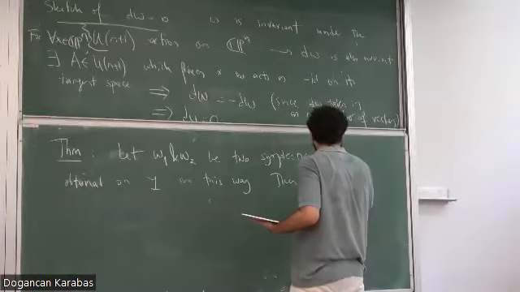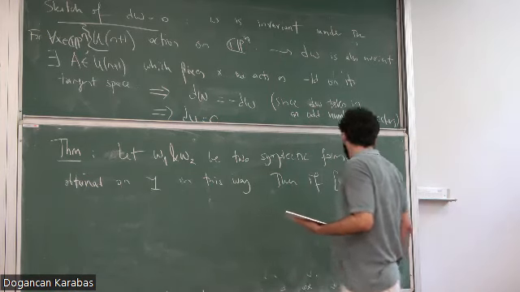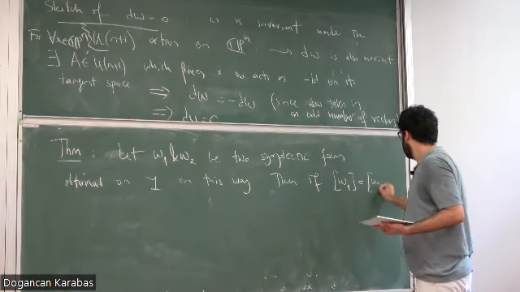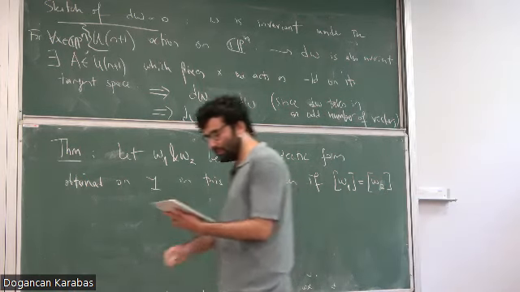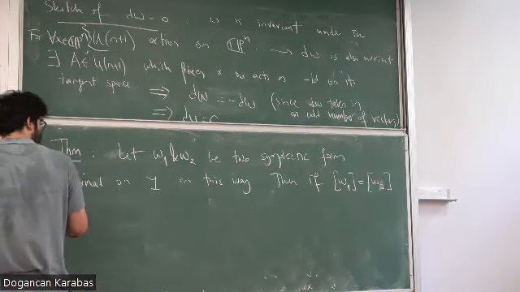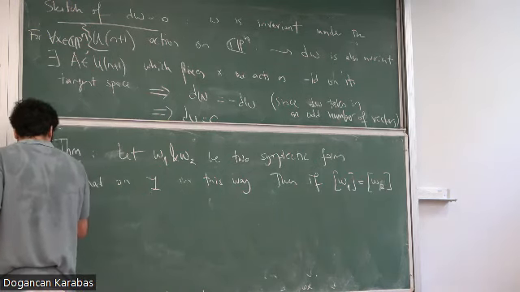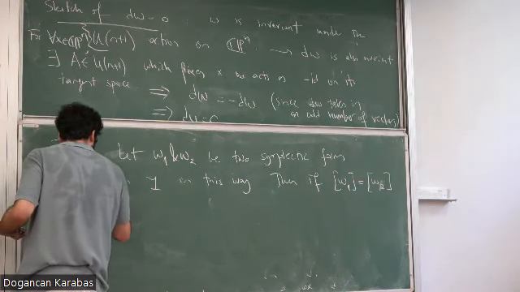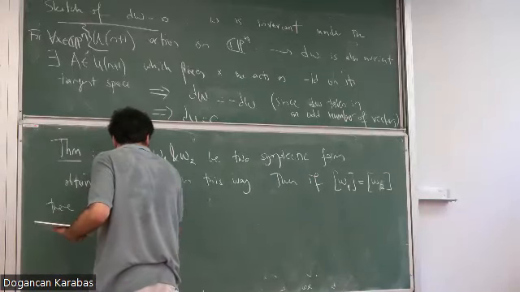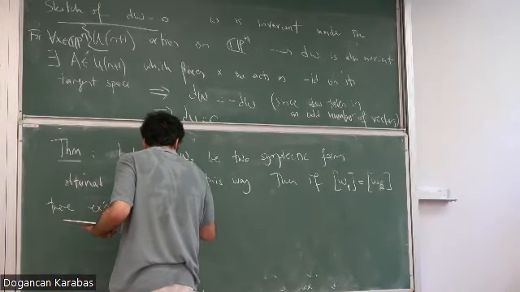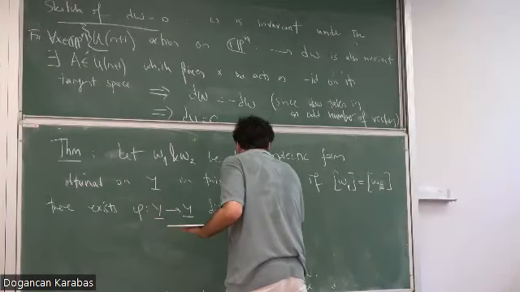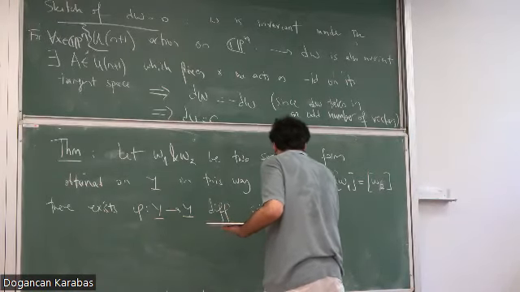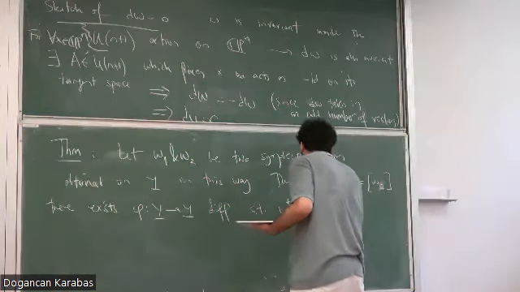Then, if the classes of these two symplectic structures are the same, there exists a diffeomorphism phi of Y such that phi pullback omega 1 is equal to omega 2.